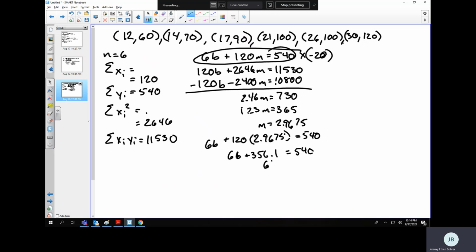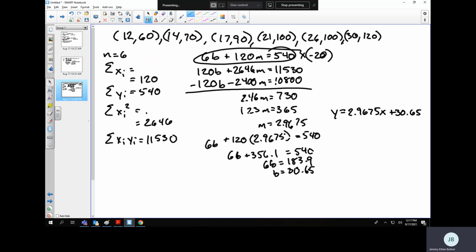So then 6b equals 183.9, and then when we divide both sides by 6, we get b equals 30.65, which gives us the equation y equals 2.9675x plus 30.65.